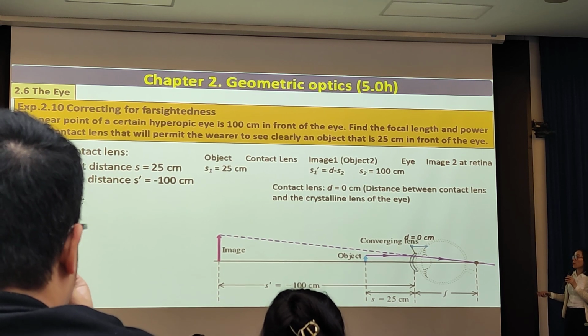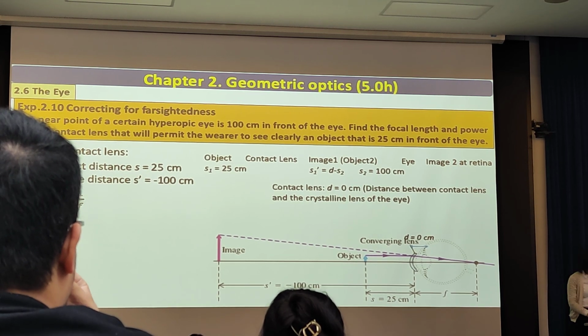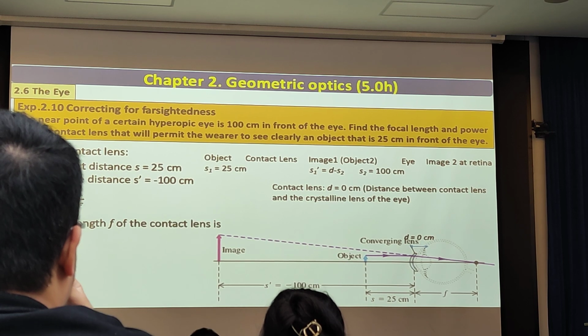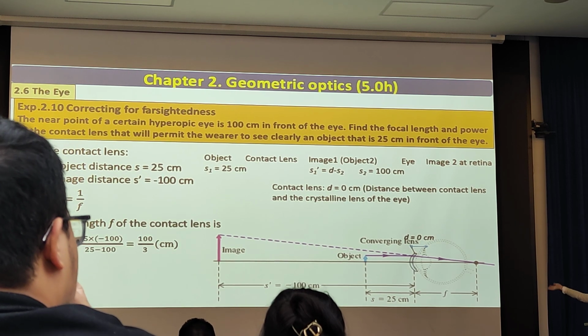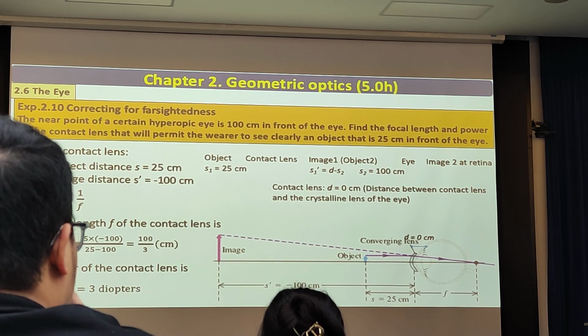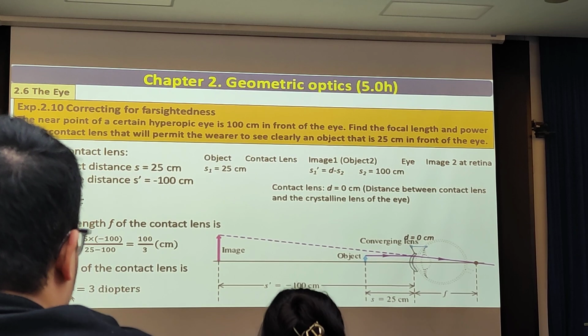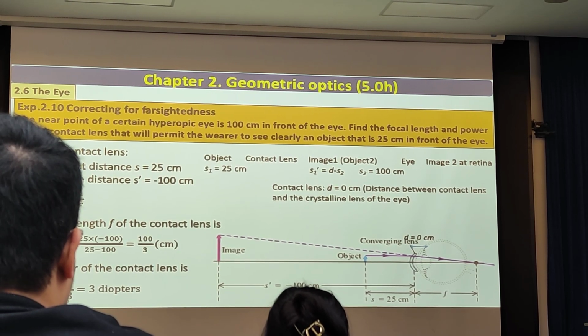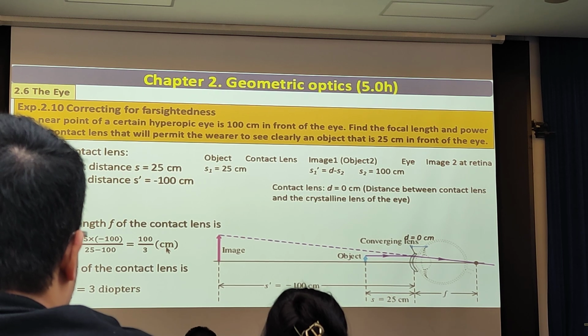So you use 1 over S plus 1 over S prime equal to 1 over F, and you can find F equal to this value. Okay? And in order to find the power, or you can say D equal 1 over F, you will need to convert this into meter. So it is this value.